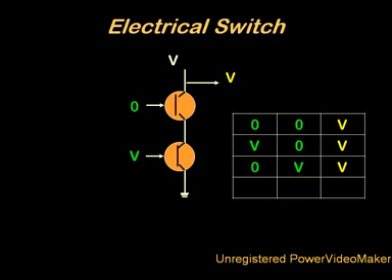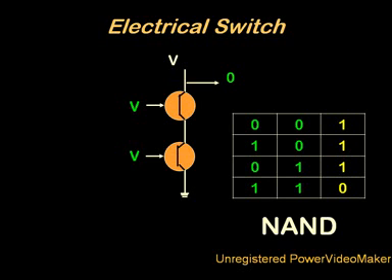Similarly, 0 on the top, voltage on the bottom, it's not connected, I still see a voltage on the top. But if I apply a voltage to both inputs, that completes the circuit and gives me a 0 voltage reading at the top. Interpret the presence of voltage as a 1, the absence of voltage as a 0, and we have a truth table. Yes, indeed, Virginia, we've just built a NAND gate out of 2 vacuum tubes.